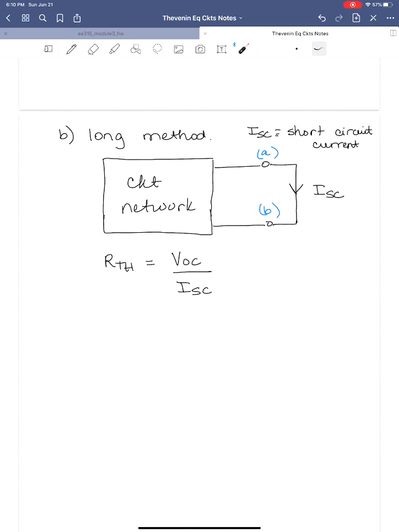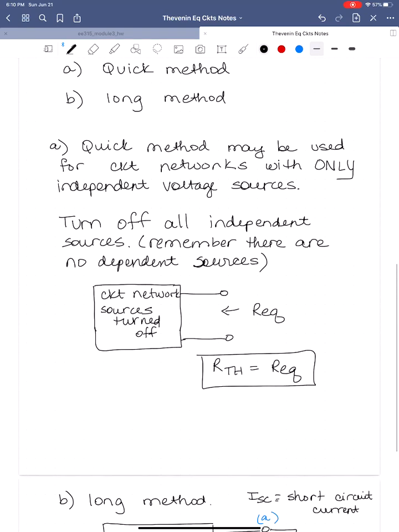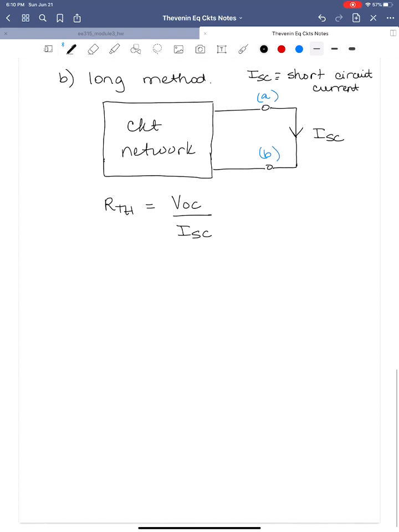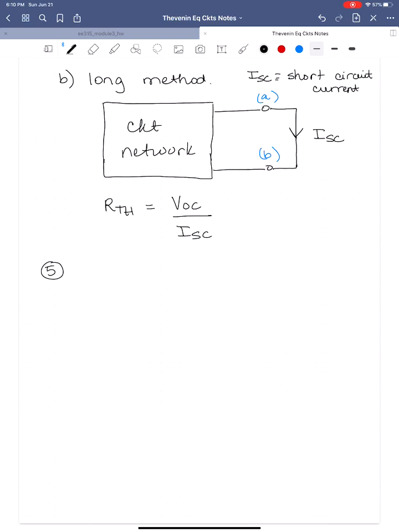All right, so once you have found the Thévenin equivalent voltage source and the Thévenin equivalent resistance, then we're going to go to step 5. And step 5 is to build your equivalent circuit and add your load.